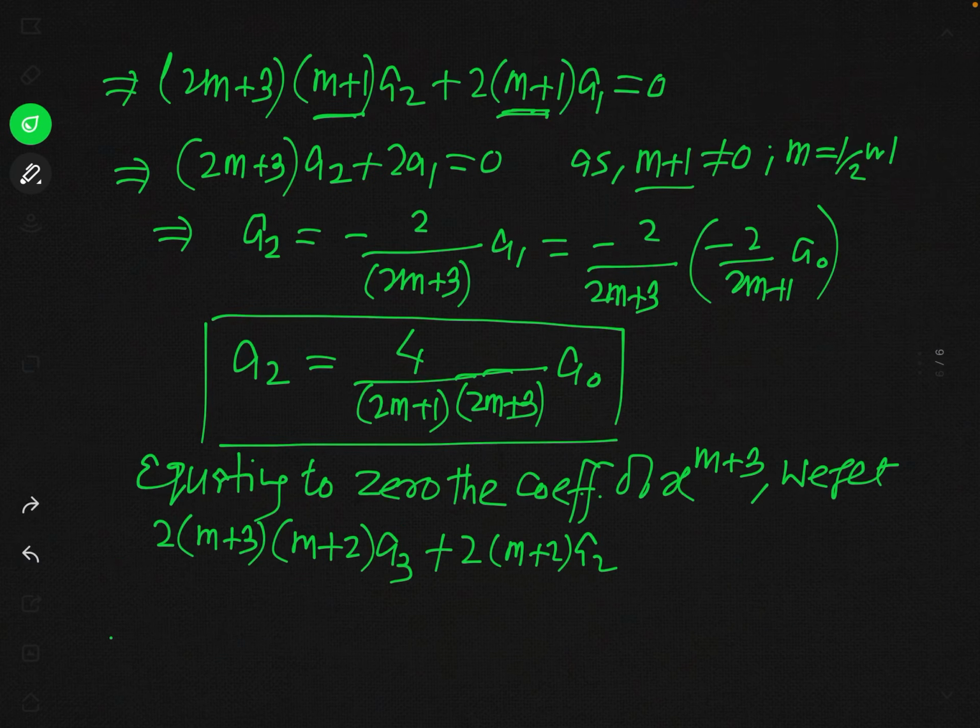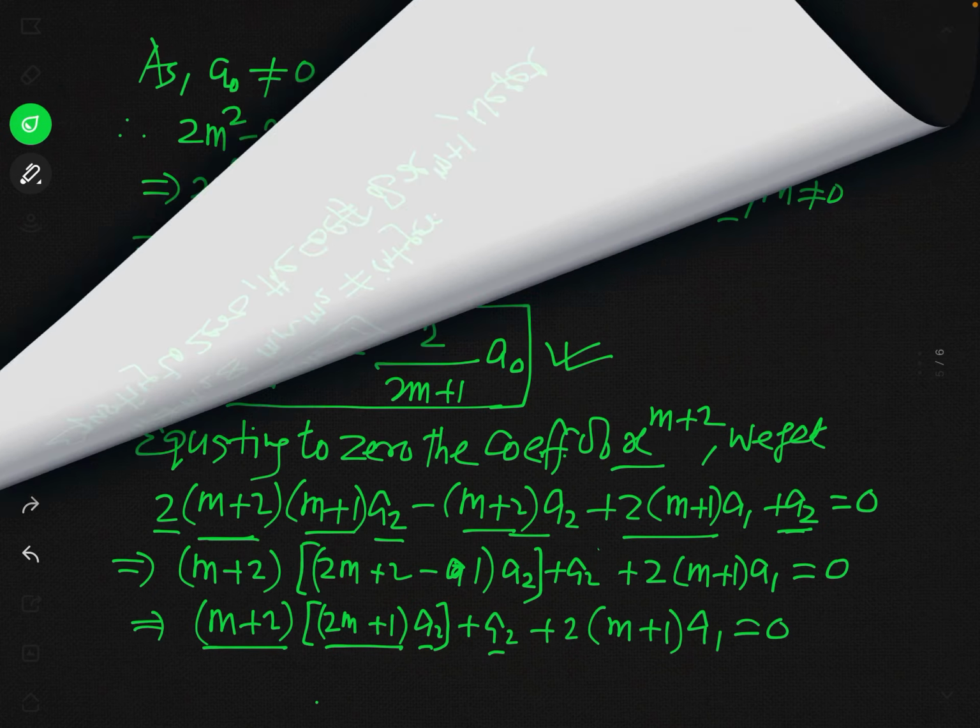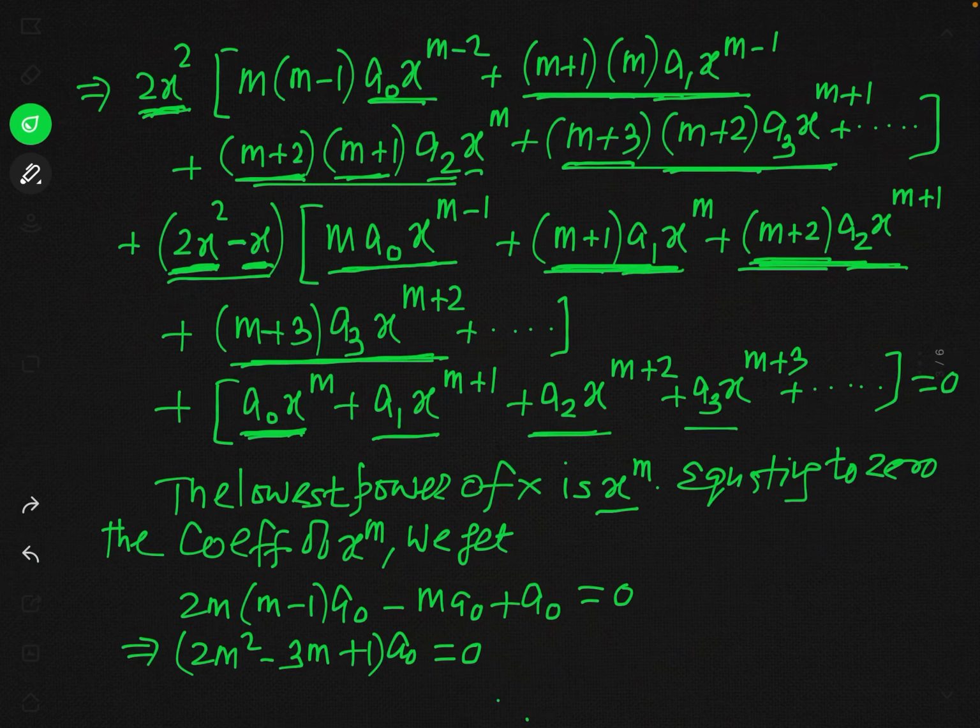So this next term will be minus m plus 3 into a3. And now see the last series. In fact, choosing the coefficient in the last series is very easy, because there is no other factor to be multiplied.